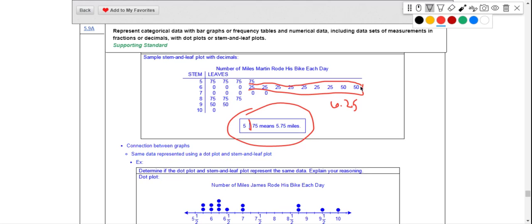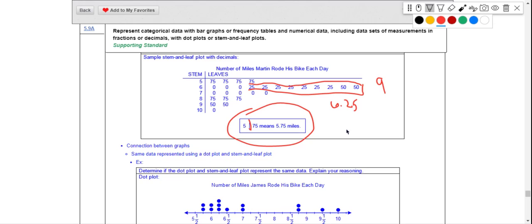How many times? 1, 2, 3, 4, 5, 6, 7, 8, 9. He rode his bike greater than 6 but less than 7 miles 9 times.